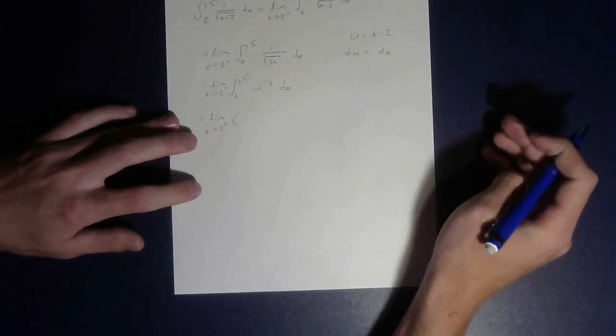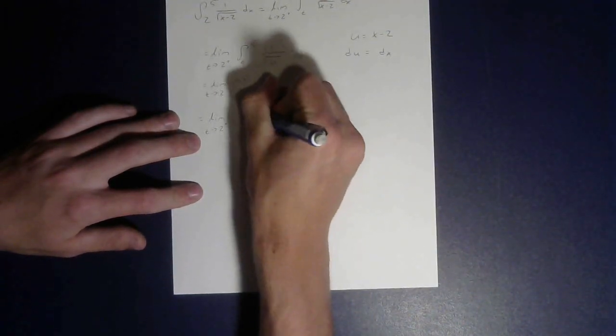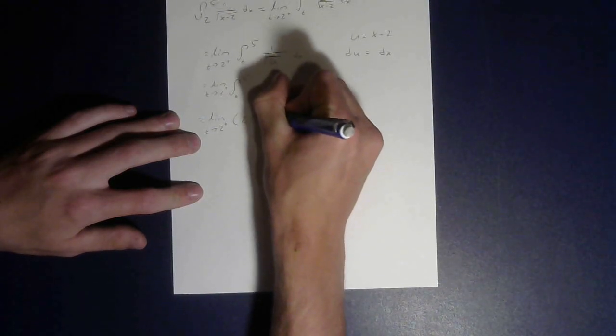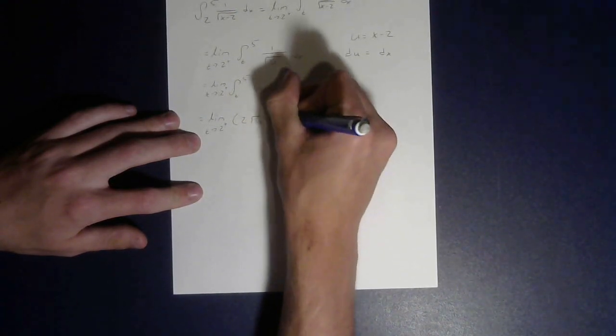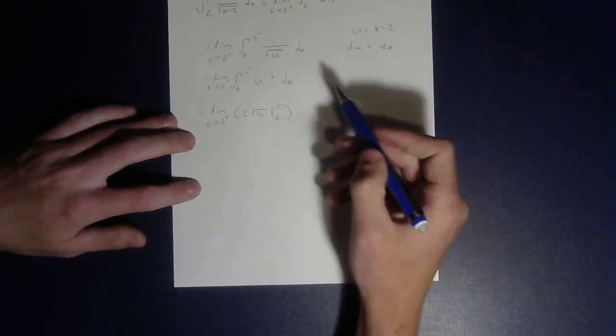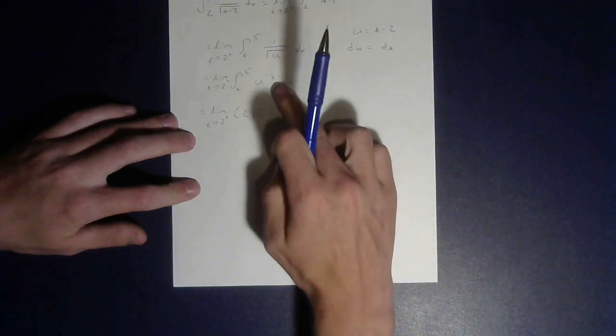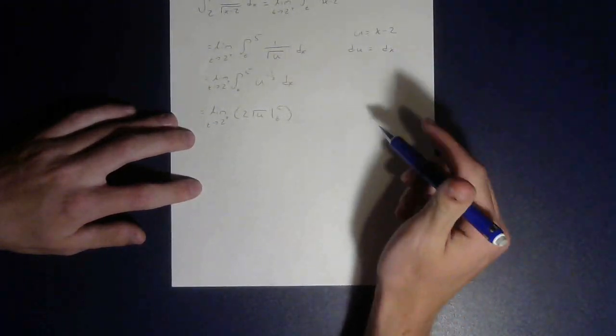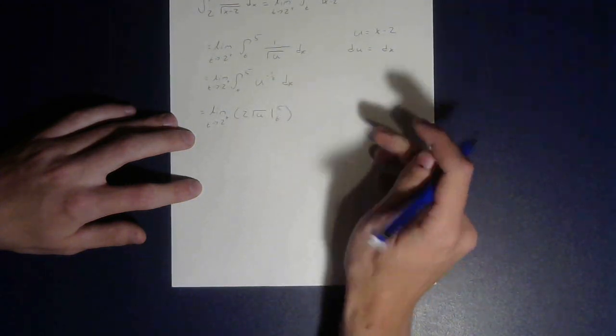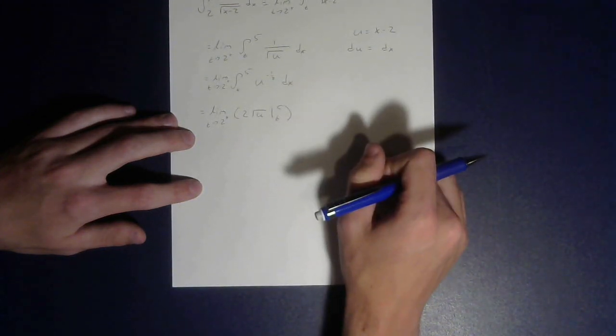the integral of that is going to end up being 2 square root u from t to 5. And the reason it's that is you add 1 to the power, then divide by that new power, so it's going to be u to the 1/2 over 1/2.